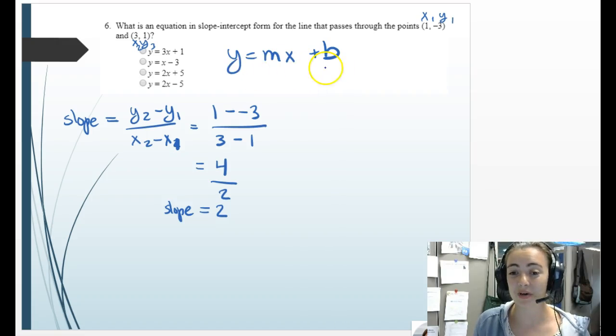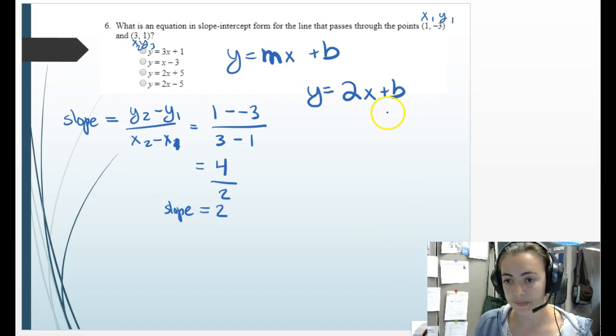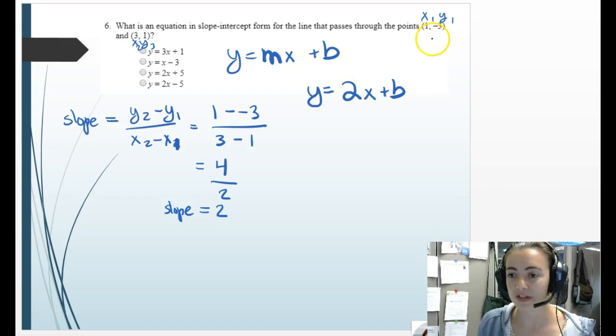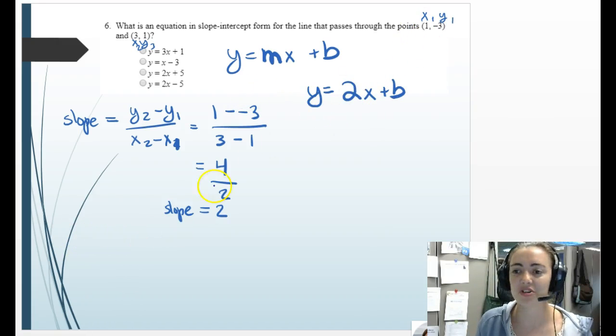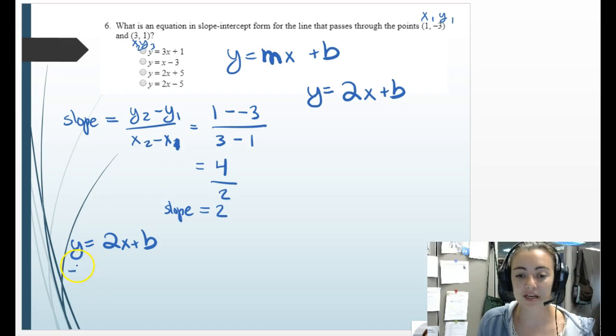So we're going to know a little bit more about this equation. We now know that it's y is equal to 2x plus b, because we know that slope piece. But we don't know the y-intercept yet. However, we know x and y. We know at least one point on the graph, so we can substitute in either of these points and solve for b. Let's just pick the first one just because it's first there. So when we have y is equal to 2x plus b, in this case our y is negative 3, so negative 3 is equal to 2 times our x, 1, plus b.